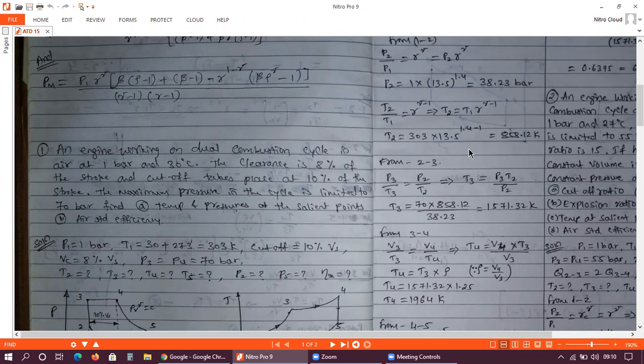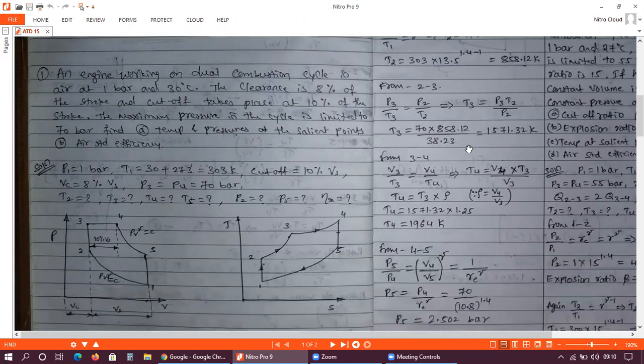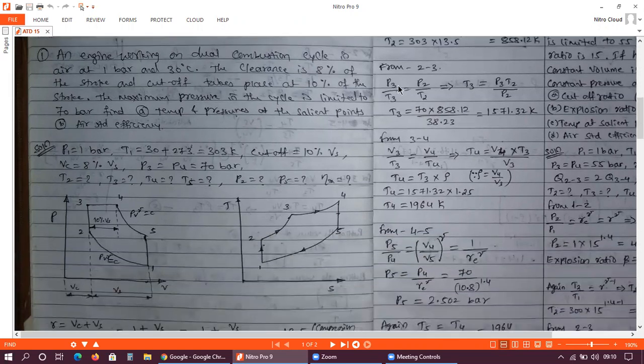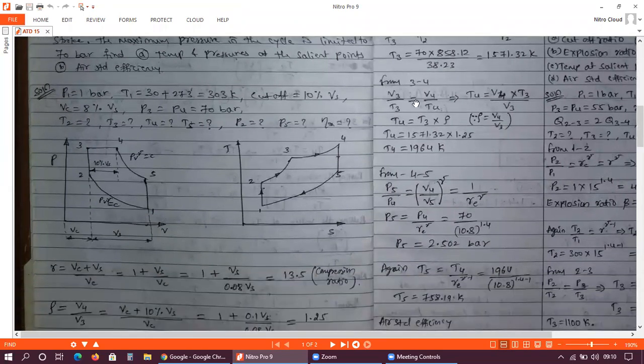Then similarly for the process 2 to 3, P3 by T3 is equal to P2 by T2, or from this equation I can easily calculate the value of T3. Just rearrange this equation and substitute the values of P3, T2 and P2, and I will get T3 is equal to 1571.32 Kelvin.